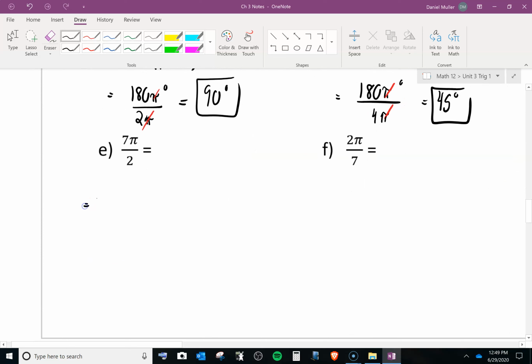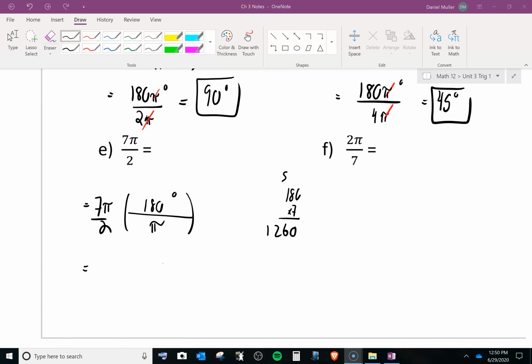All right, so 7 pi over 2. I want degrees, so I'll put it on top. That's where the 180 will go, and the pi will go on the bottom. And then, 7 times 180. So you can go 180 times 7. 7 times 0 is 0. 7 times 8 is 56. 7 plus 5 is 12.